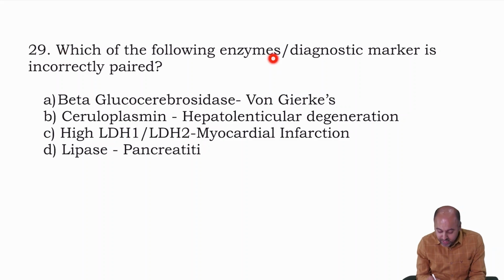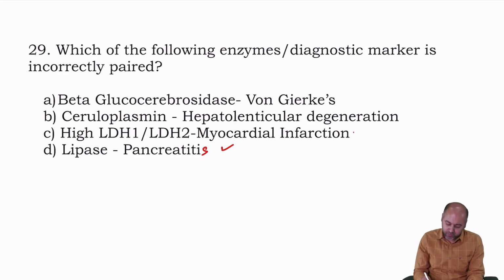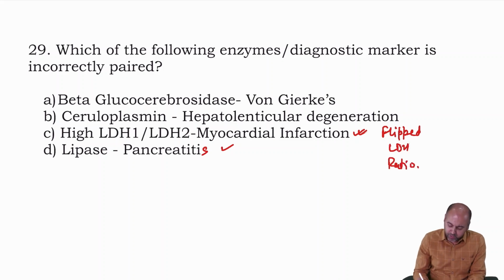Which of the following enzymes diagnostic marker is incorrectly paired? Let us see. Lipase with pancreatitis, this is correctly matched. High LDH1 over LDH2 in myocardial infarction, this is correctly matched. This is known as flipped LDH ratio. Ceruloplasmin in hepatolenticular degeneration, Wilson's disease, this is correctly matched.